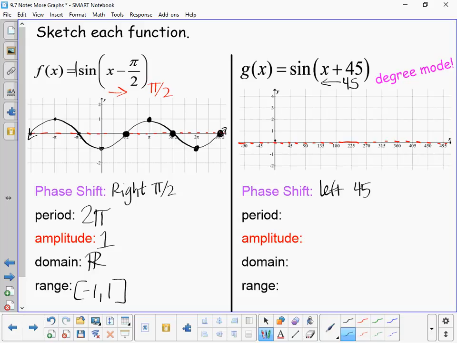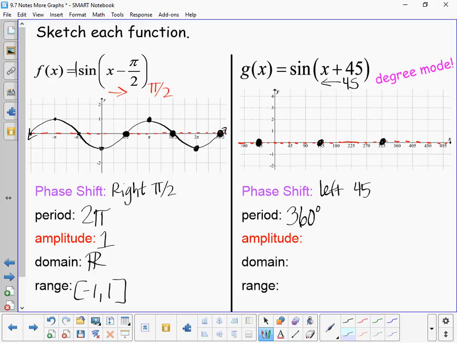And normally our sine function starts right on the midline on the y-axis. But this one is shifted to the left 45, so it will start here. Now the period in degrees, you'll remember, is 360 degrees. So normally this cycle would end right here, but for this one, it's moving to the left 45. So we now have the beginning and end of one cycle. If we cut that in half, we'll get our other point on the midline.